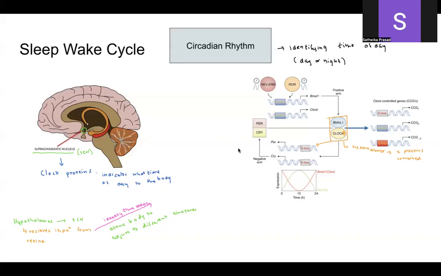So it binds to the promoter and allows for the transcription of these PER and CRY genes, right? The PER and CRY genes are allowed to be expressed and these proteins are formed.